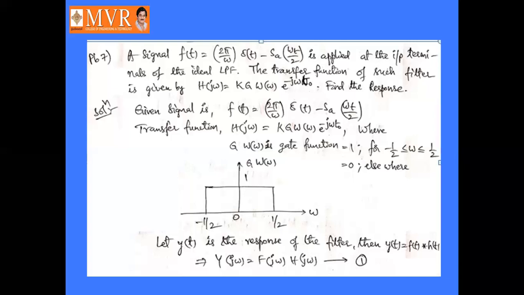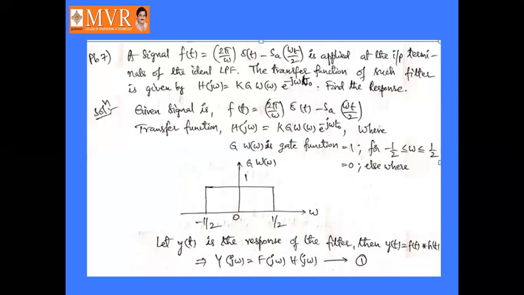Okay. So let y of t be the response of the filter. Then y of t is nothing but the input signal convolved with the impulse response, that is f of t convolved with h of t. From this, Y of j omega is equal to F of j omega into H of j omega, since convolution in the time domain becomes simple multiplication in the frequency domain.